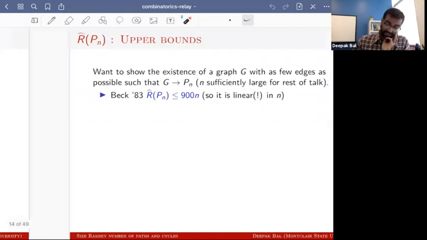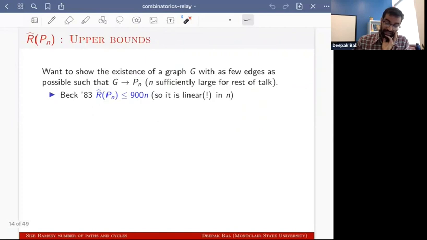So it is indeed subquadratic, and in fact linear. In other words, remember what this means: there exists a graph with 900n edges such that no matter how you two-color the edges, you get a copy of Pn.